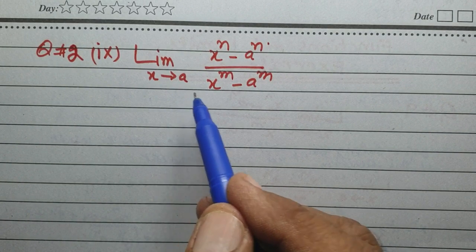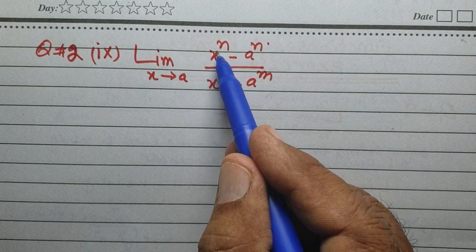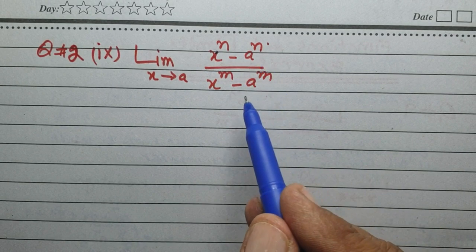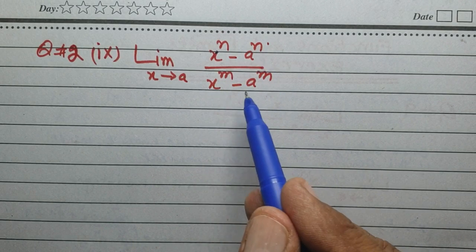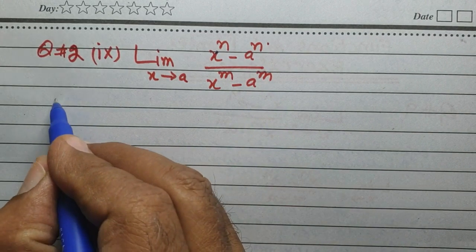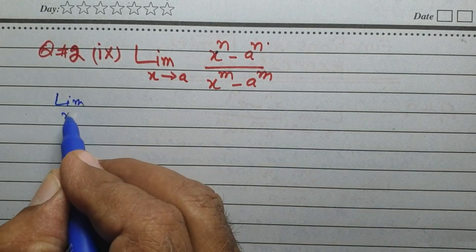It is limit x tends to a. The function is x raised to power n minus a raised to power n divided by x raised to power m minus a raised to power m. We rewrite the limit.